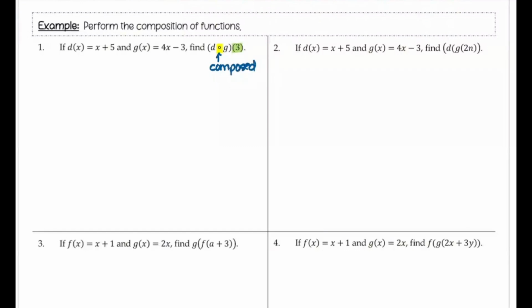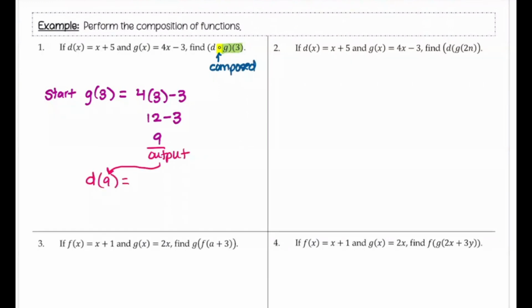So what we are going to do is identify the input, and the function that is closest to it is what we are starting with. We're going to evaluate g of 3. We get an output of 9. This is now the input for the following function.